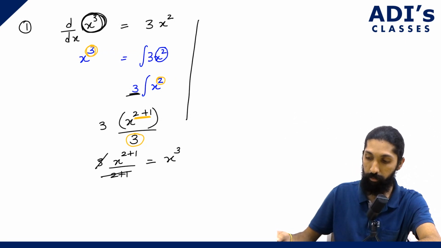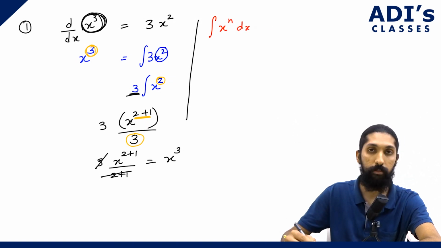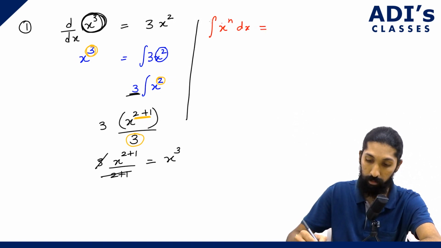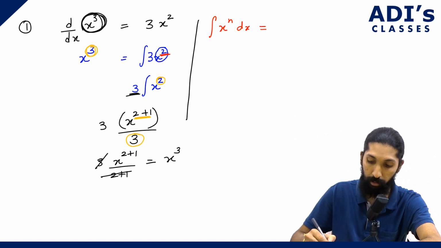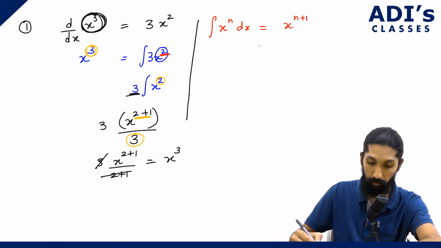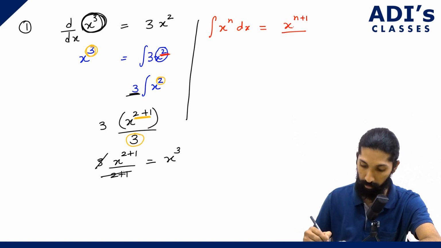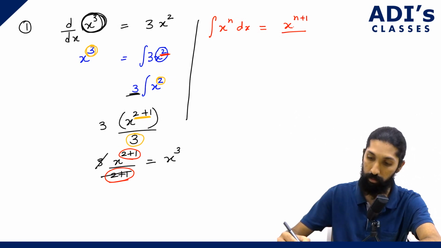In general, what do we write as the integration of x to the power of n dx? This is equal to, see, the power n here, 2 was becoming 3. So x to the power of n plus 1, divided by n plus 1, exactly like what we did here, 2 plus 1, 2 plus 1, isn't it?